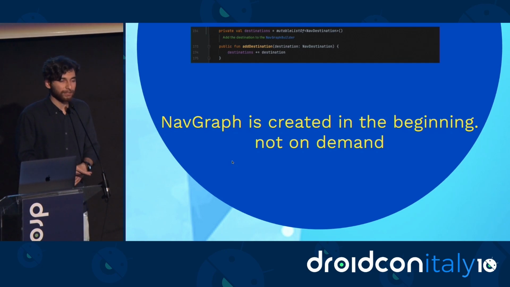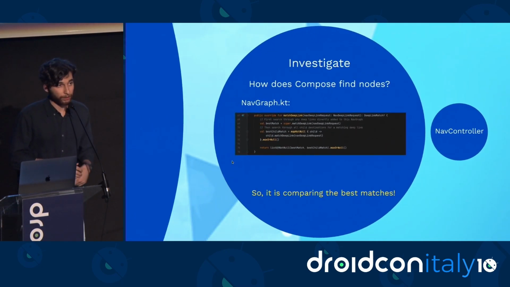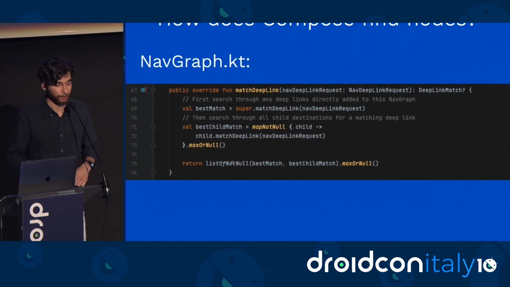The only thing that was left for me to look at was the NavController.navigate function. That was something that we used to navigate through screens. So I started looking inside NavController.navigate. Diving inside it and following the method it calls, it led me to this file, navgraph.kt, and a method called matchDeepLink.